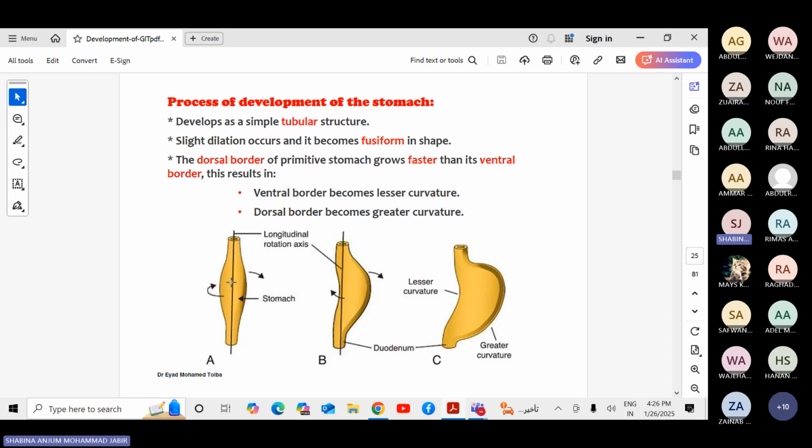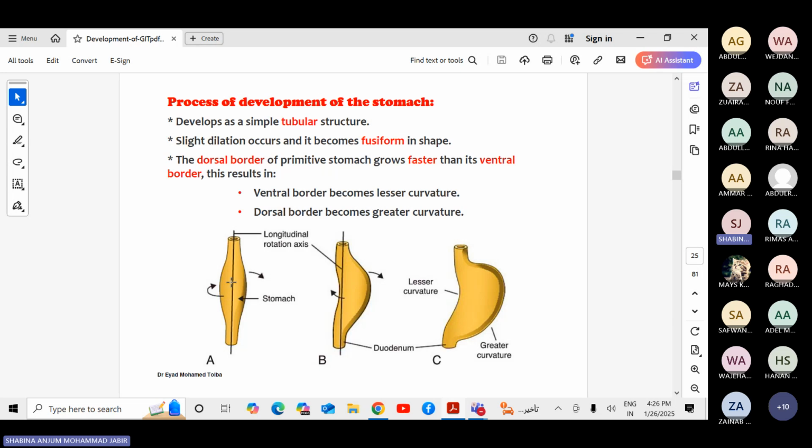Now we know the normal position, where the greater curvature and the lesser curvature are. But in the embryonic stage it is different. In the embryonic stage, there are two borders, dorsal border and ventral border.